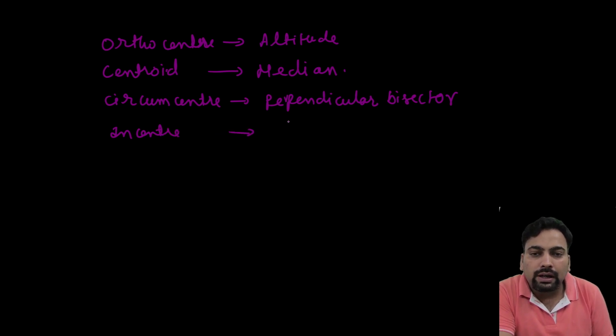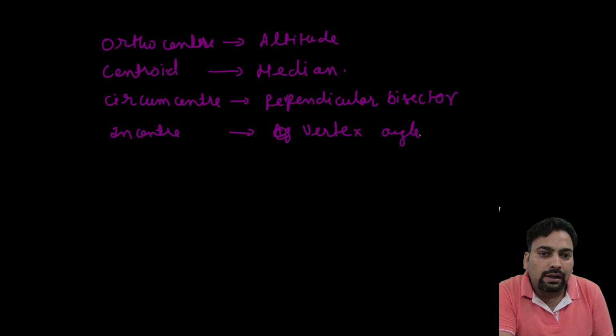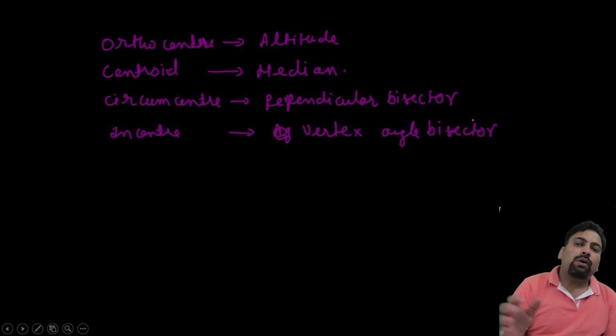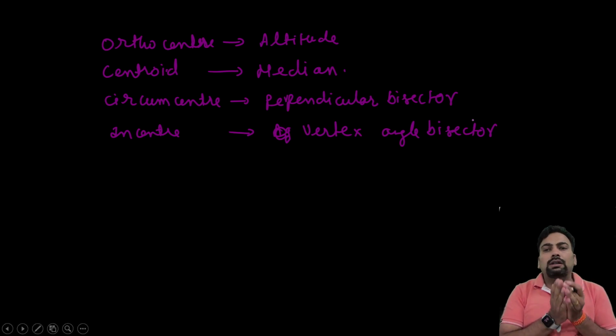Incenter of a triangle is made up of the vertex angle bisector. So remember these key points, and always remember what is orthocenter, what is centroid, what is circumcenter.